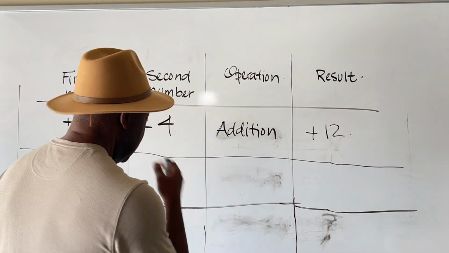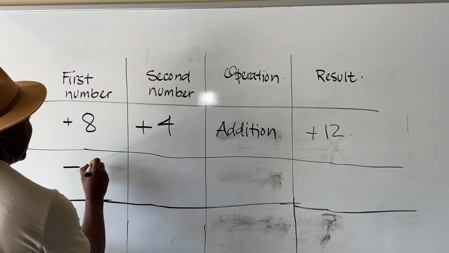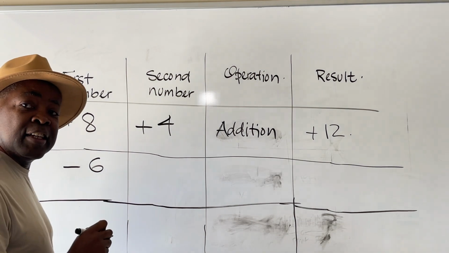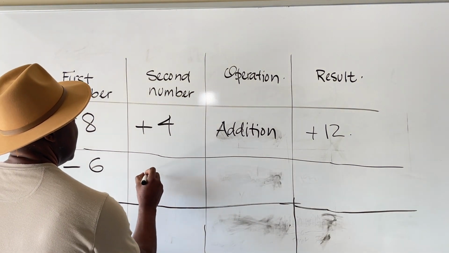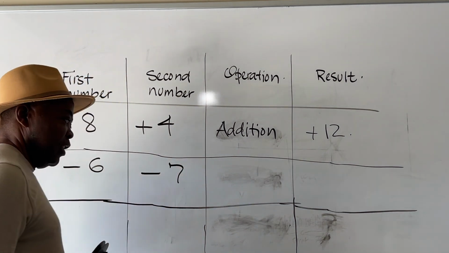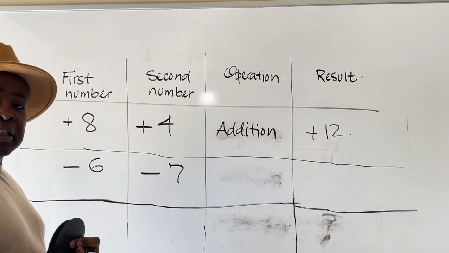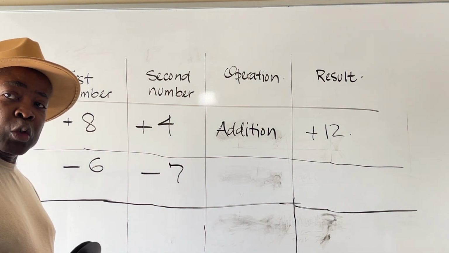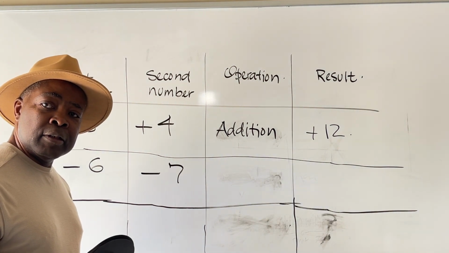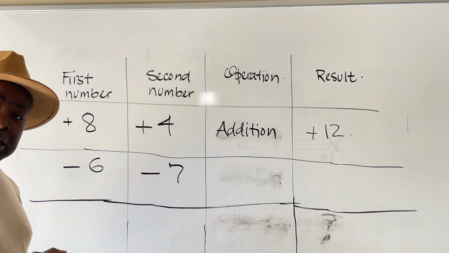All right. What if I had negative 6 minus 7? What do I have here? Subtraction? Are you sure? No. Addition. I have addition. Are you sure?